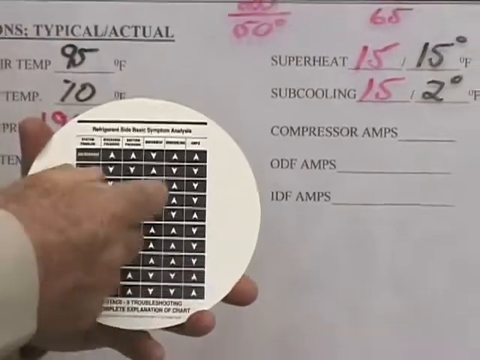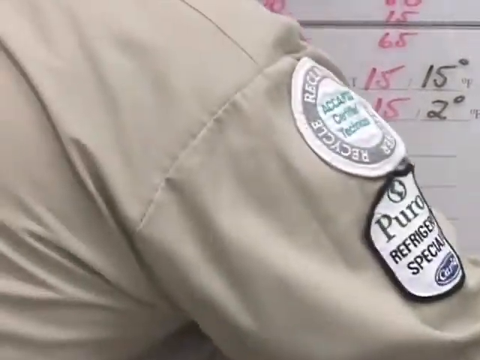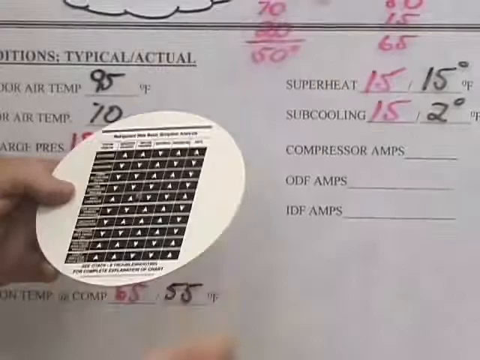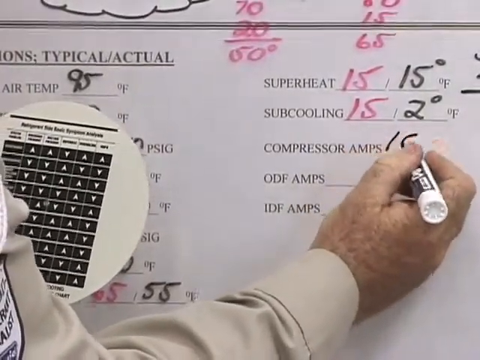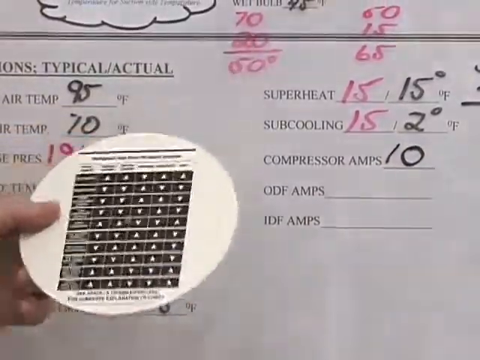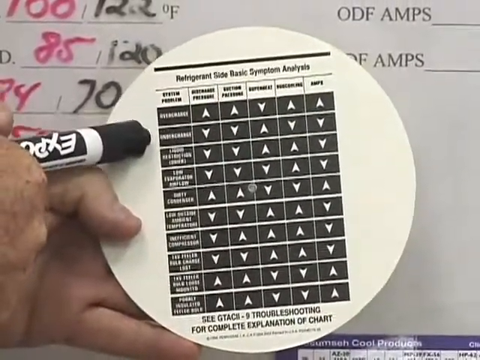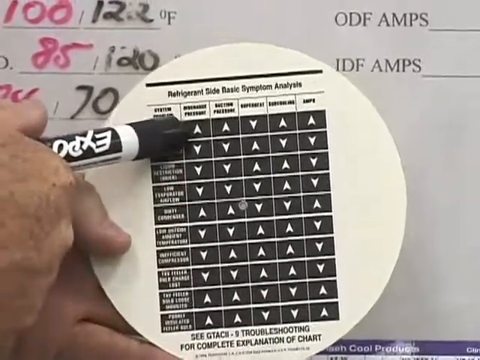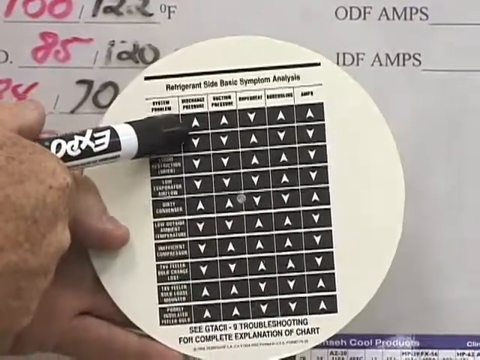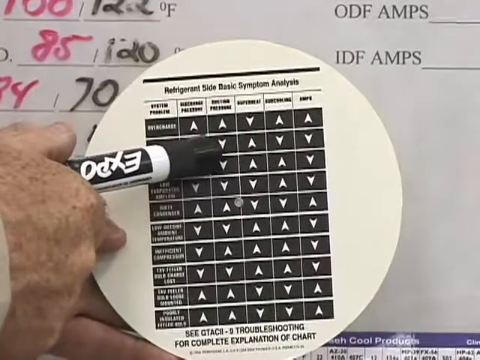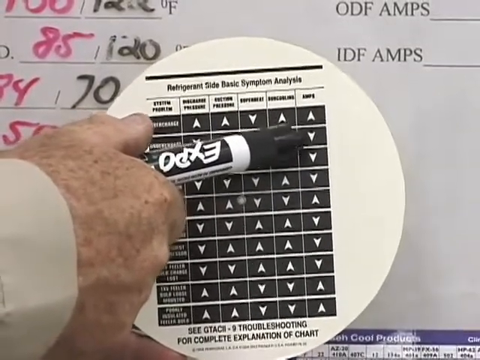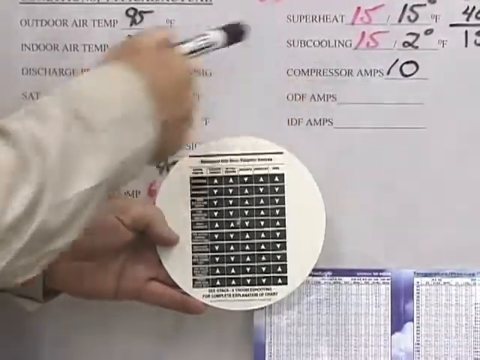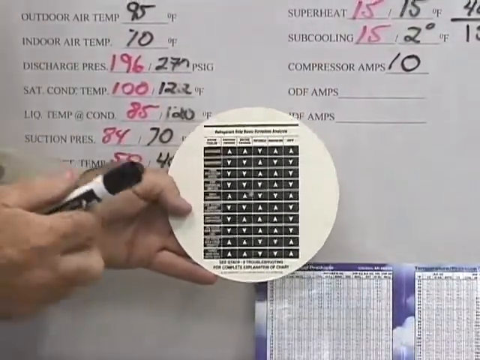If I had an actual amp reading, for argument's sake, the unit's supposed to run at 16 amps and we have 10 amps. All right. So we're back up here at the overcharge and undercharge because our discharge pressure was high, our suction pressure was low, our subcooling was low, and in this case, I put 10 amps and the unit's supposed to run at 18 amps, then our amperage is low.